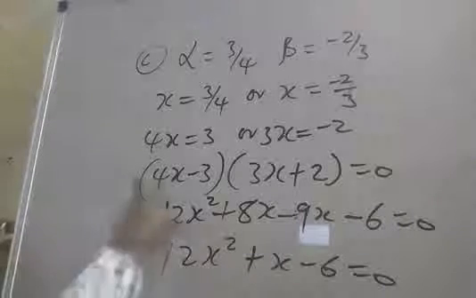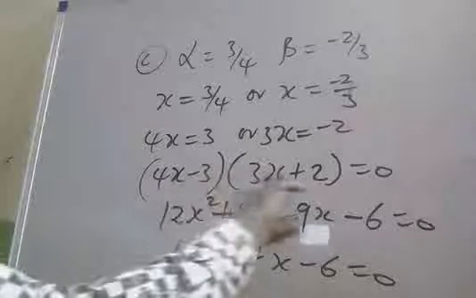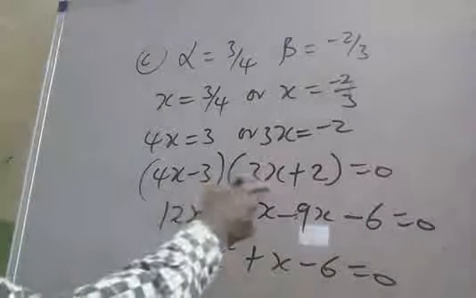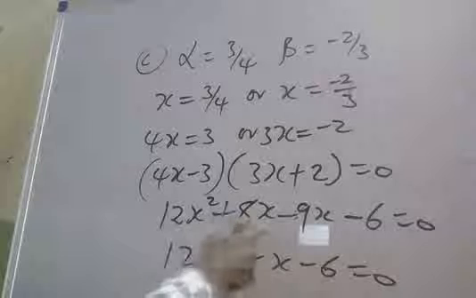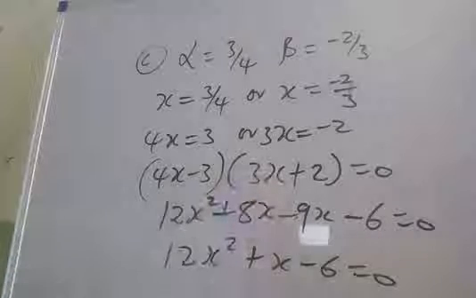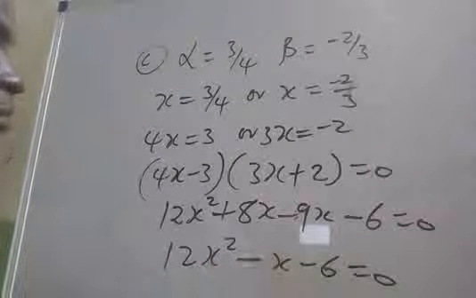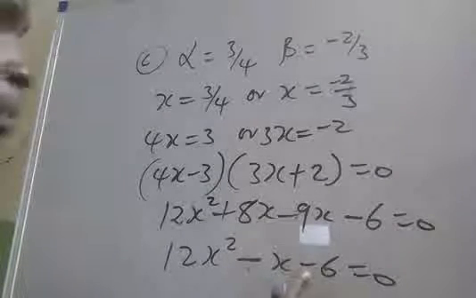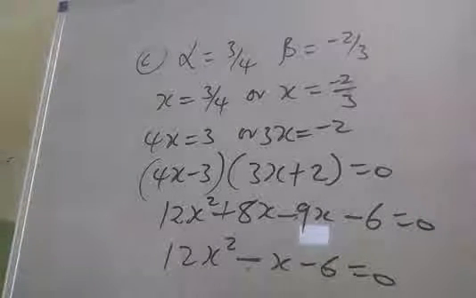If we open this, we have 4x times 3x is 12x squared, plus 4x times 2 gives plus 8x, minus 3 times 3x gives minus 9x, and minus 3 times 2 gives minus 6. So our final answer is 12x squared minus x minus 6 equals 0, since 8x minus 9x is minus x.